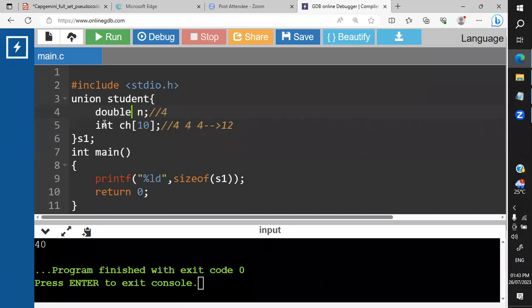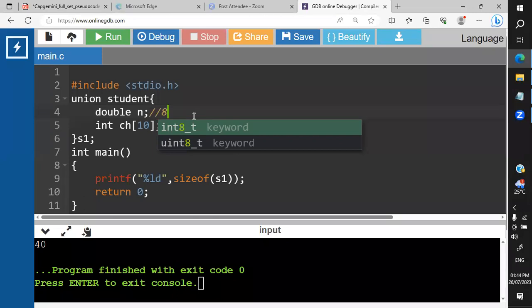Double is 8 bytes. Yes, double is 8 bytes. I have to allocate memory for the integer array, which needs 40 bytes, in terms of multiples of 8. Actually, how much do I need for the integer array? 40 bytes, right? Not 80. Now, can I make 40 in terms of multiples of 8? Yes or no?